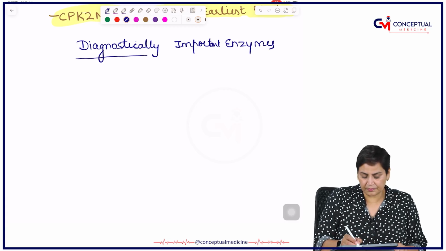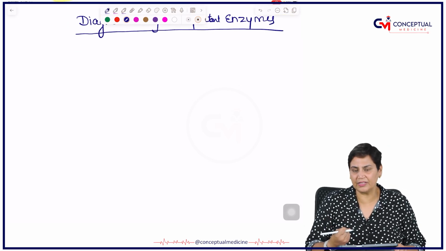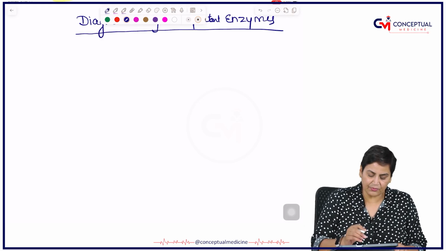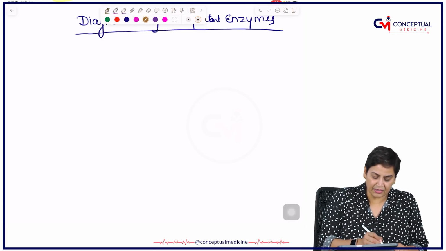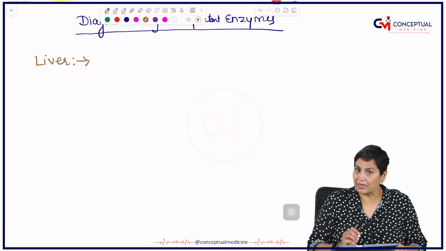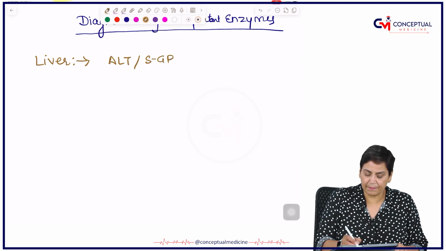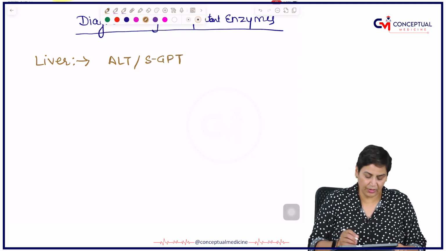Now, if we talk about the importance of enzymes, let's start with the liver markers. If we talk about the liver markers, the most important enzyme here is ALT, which is actually known as SGPT. Very, very important.